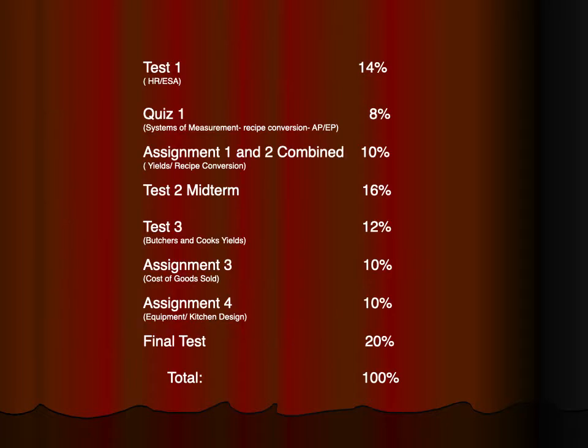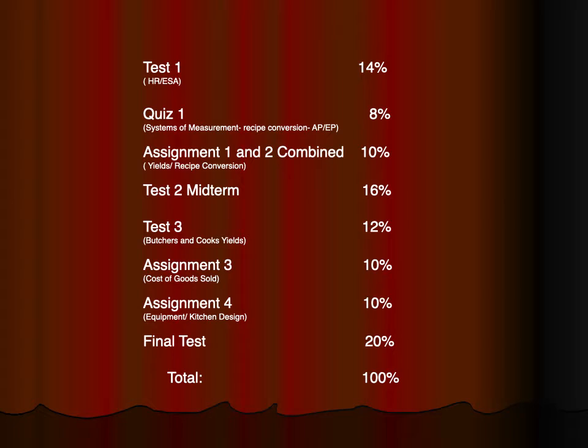So hopefully you've already looked at the amended course outline, but I'll just go over some of the tests and assignments and quizzes that we're going to be doing, the weighting of those, and how important they are, you'll see by the weighting. So first of all, we're going to have test number 1, which will be next Tuesday.